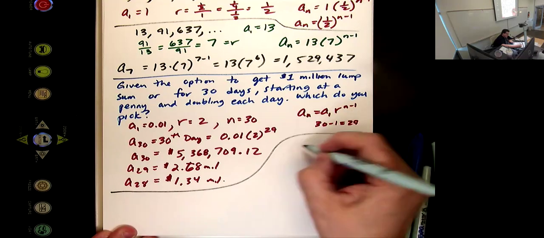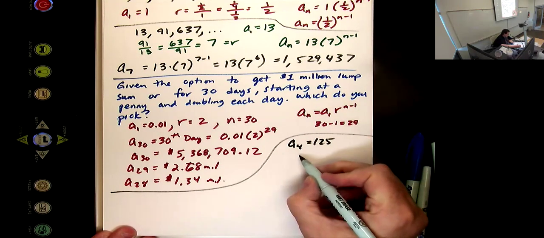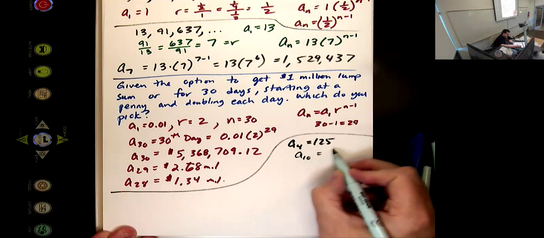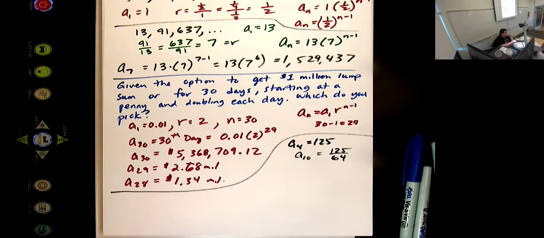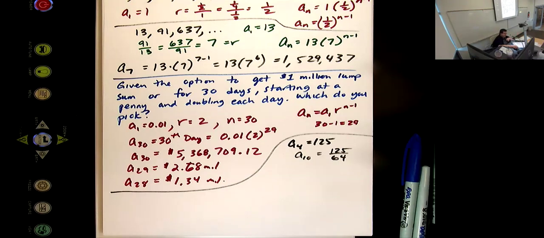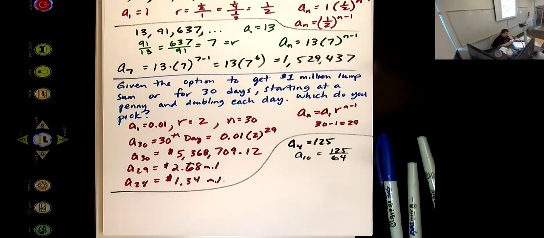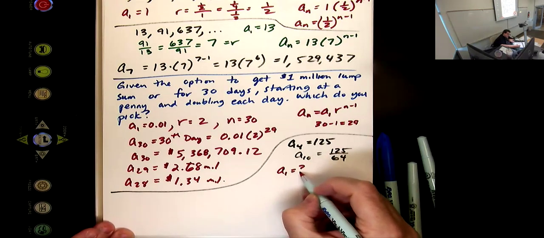What about if we have a sub 4 equals 125 and a sub 10 equals 125 over 64? We did something like this as the very last problem with the arithmetic, saying we're not given a sub 1. We still need to find both, don't we? We need a sub 1 and we need r.